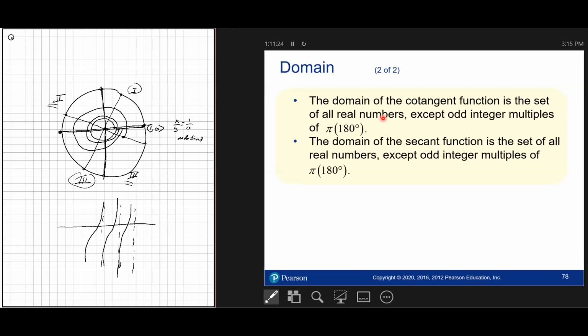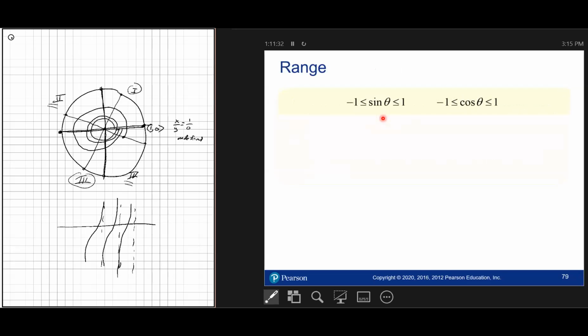Now the range, realizing we're dealing with the radius of 1, the range is from -1 to +1.